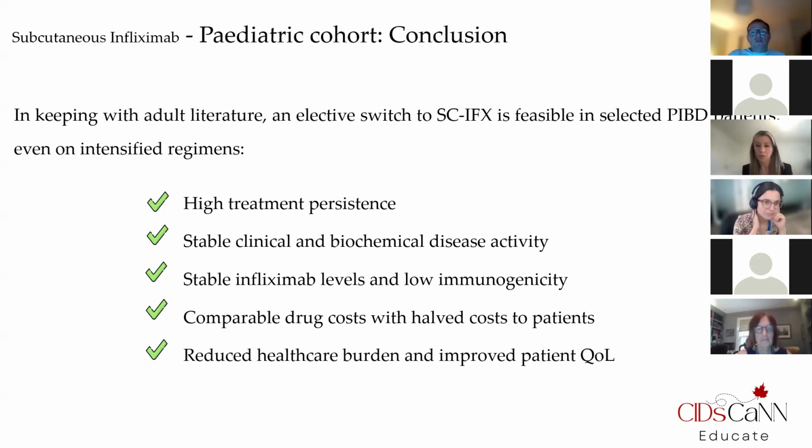We certainly don't think there's any increased risk of immunogenicity, and theoretically there might actually be a reduced risk. So for a lot of our patients who are on combo therapy, we then will stop their azathioprine if they're still on it at the point of switch fairly quickly after we've established good levels. And then the indirect costs obviously are much better. Next slide.